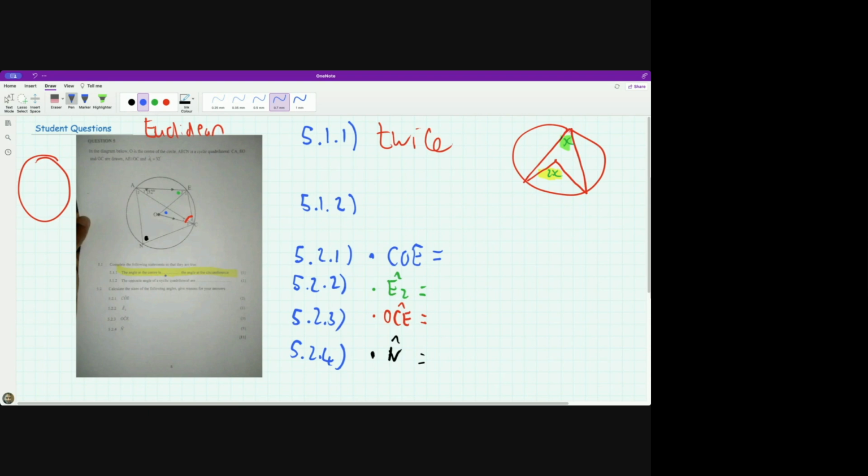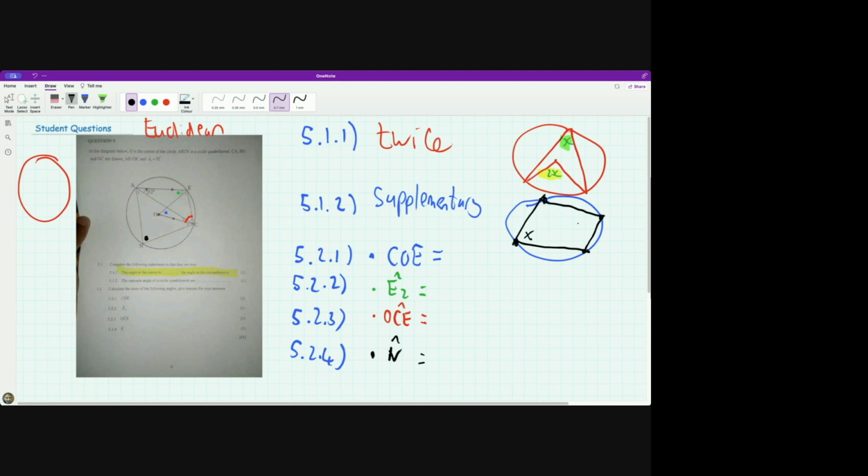Then the second bit says the opposite angles of a cyclic quadrilateral are, we would say, supplementary. So a cyclic quad is a quad where all 4 vertices are on the circumference of a circle. So that is a cyclic quad.